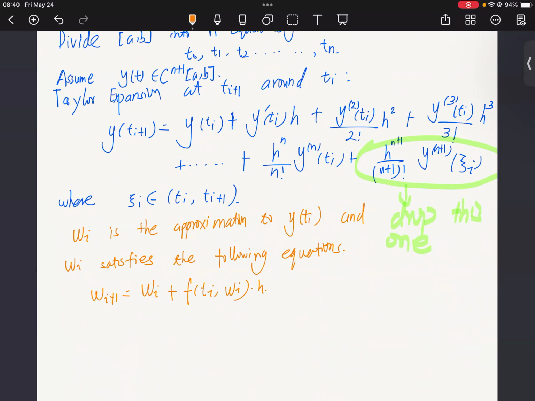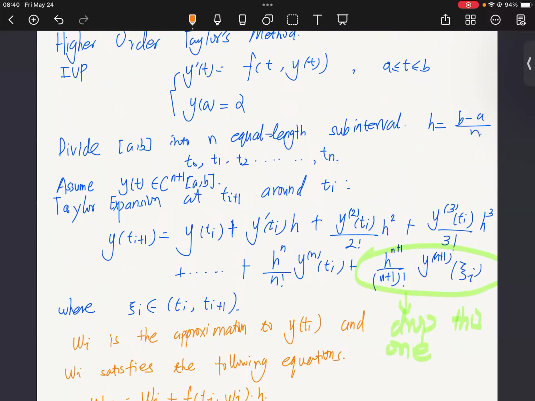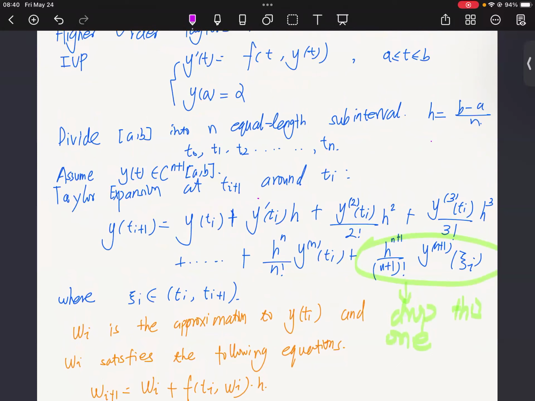Let me restate this because it's quite confusing. The equation we have here is y'(t_i) equals f(t_i, y(t_i)), the original version of the equation.